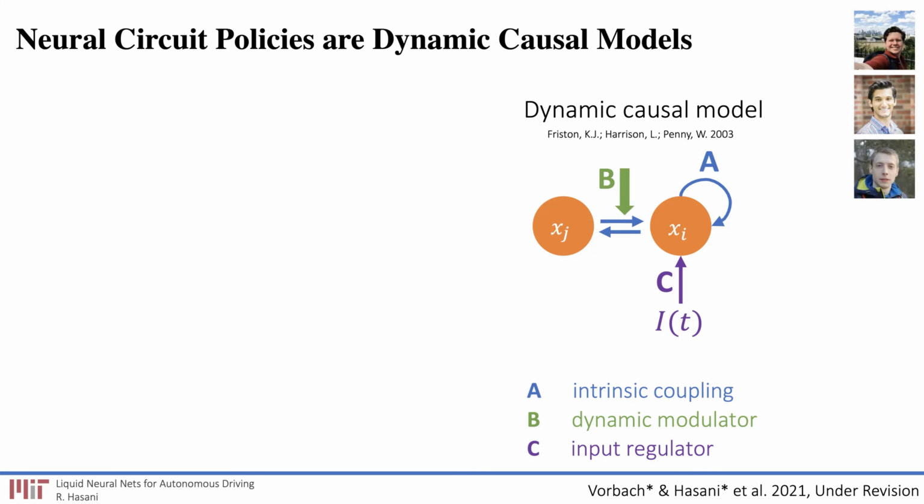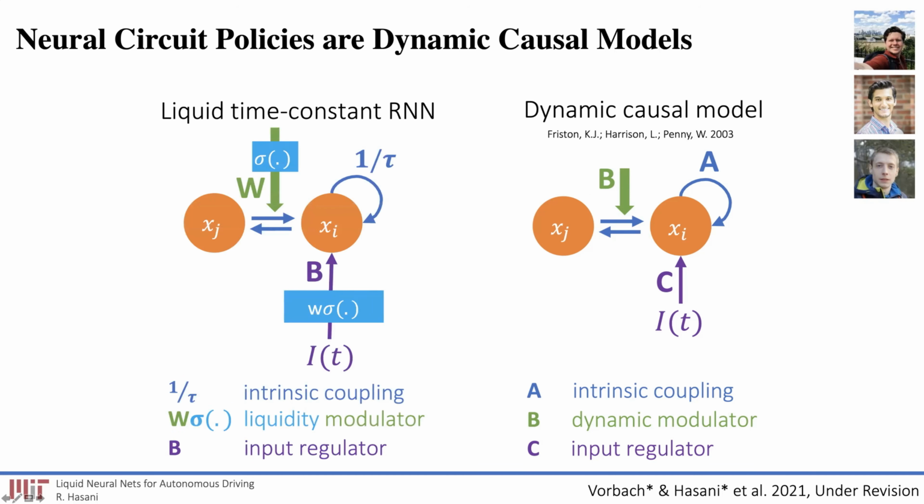So probably this is one of the features of the network. We saw that there is this dynamic causal modeling framework that has a very similar property of the interaction of the nodes of a system being parameterized by a parameter. But if we look at the liquid time-constant network, it's kind of a nonlinear version of that.